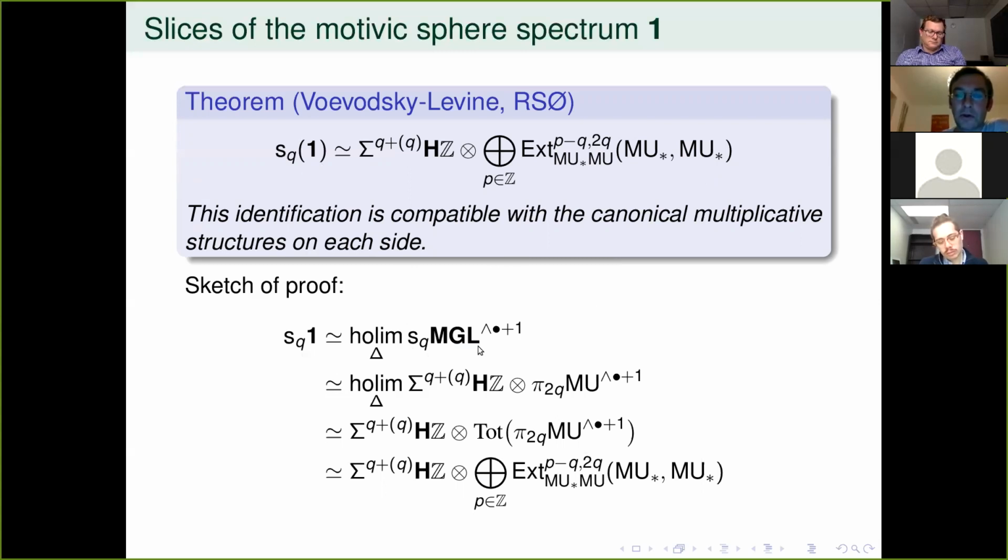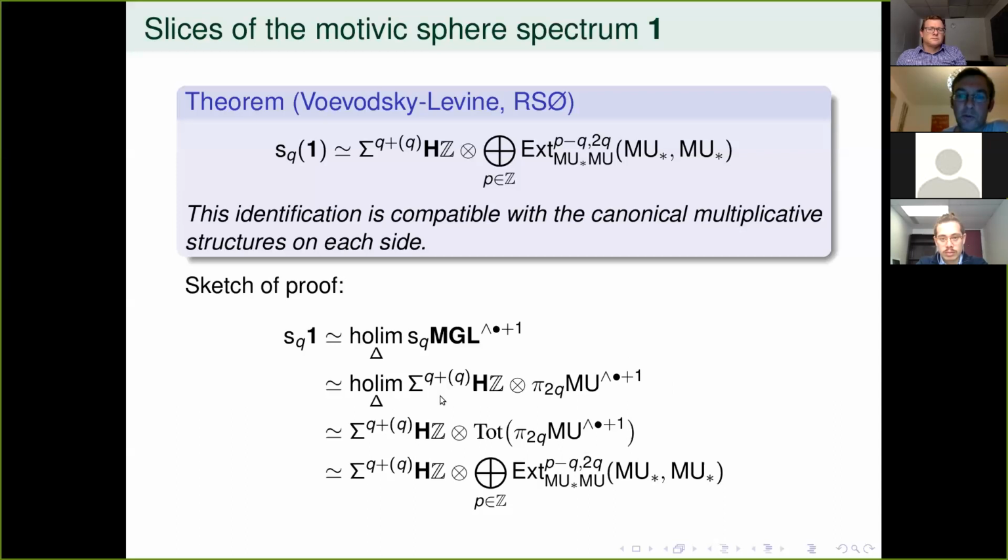Since we know what the slices of MGL are, and we have a description of the dual Landweber-Novikov algebra, MGL smash MGL, using the standard generators, we get that we can equally well use the homotopy limit of the following Eilenberg-MacLane spectra, where we use the topological homotopy groups of appropriate smash powers of MU.